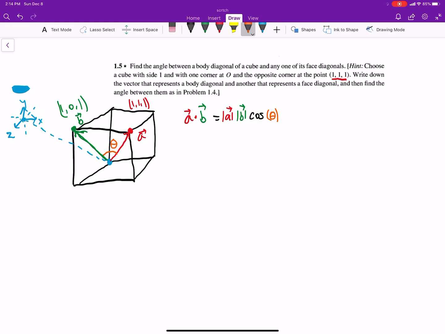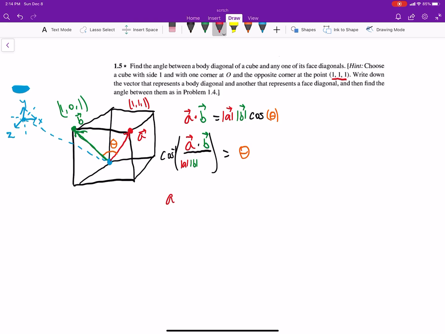So we want to find the angle. So let's just do a little bit of algebra. The dot product divided by the magnitude of the two vectors, and then I'm going to go ahead and say cosine inverse is equal to theta. So I just divided over by the two magnitudes and then did cosine inverse.